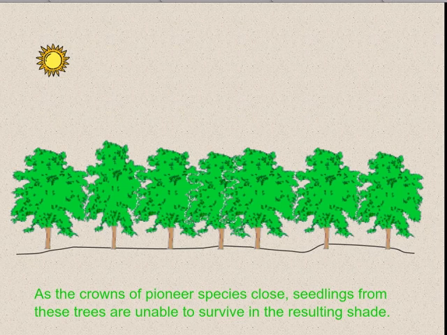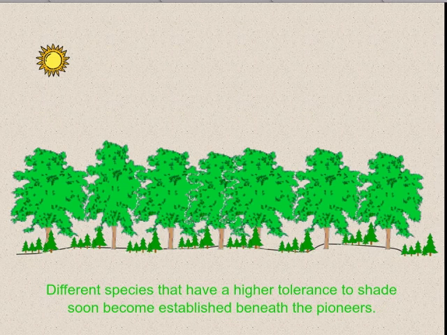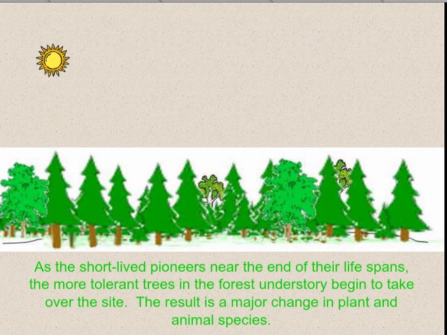They're unable to survive in the resulting shade, so they don't replace themselves in that exact location. Instead, different species that have a higher tolerance to shade soon become established beneath the pioneers, and they start to grow. The pioneer species tend to be short-lived, and as they near the end of their lifespans, the more tolerant trees in the forest understory begin to take over the site.